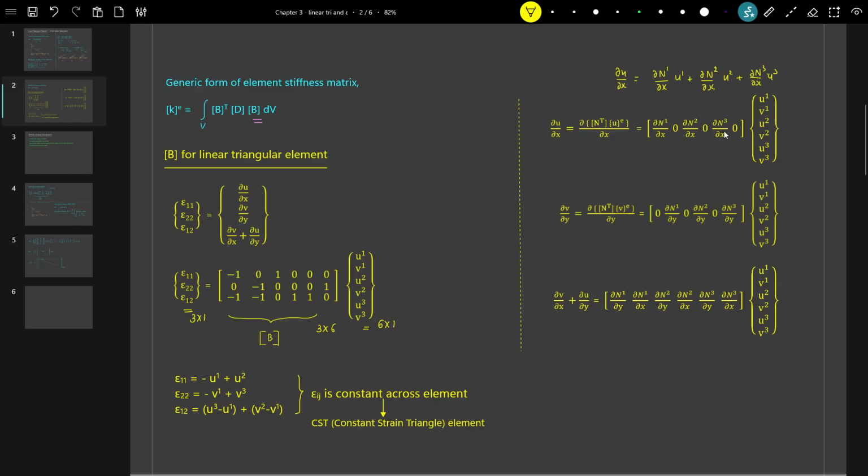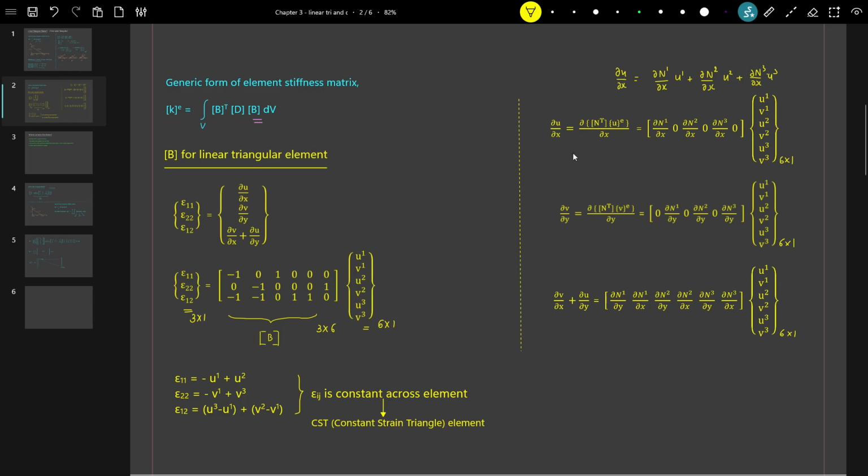Here we have v as well. So the second, fourth, and sixth entries are zero. It will be multiplied with v1, v2, v3, and we get this one. So this is just a way of presentation, since we want to have dimensional consistency. We want to have this side as 6 by 1, 6 by 1, and 6 by 1, so that we can combine all this.